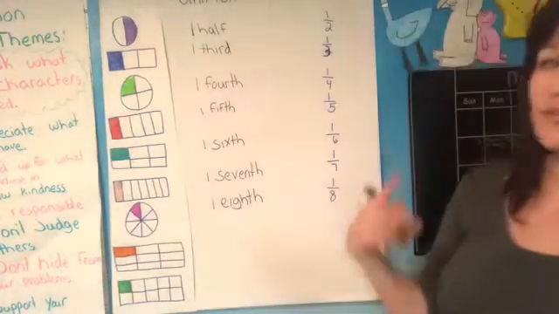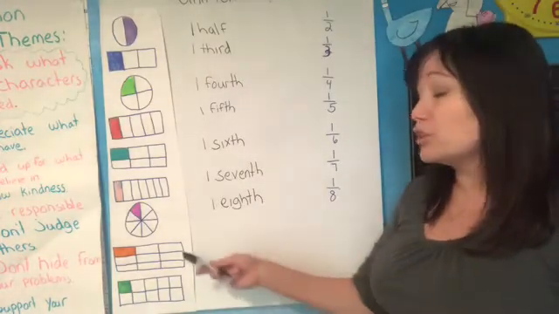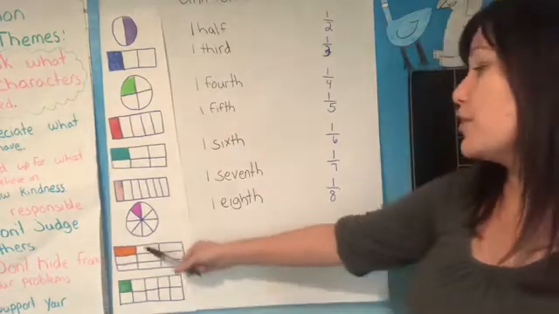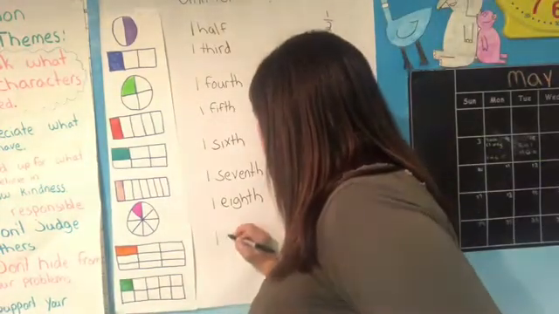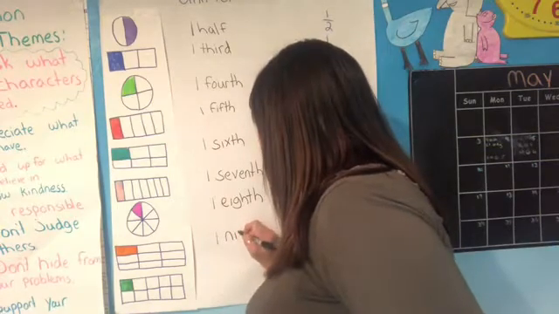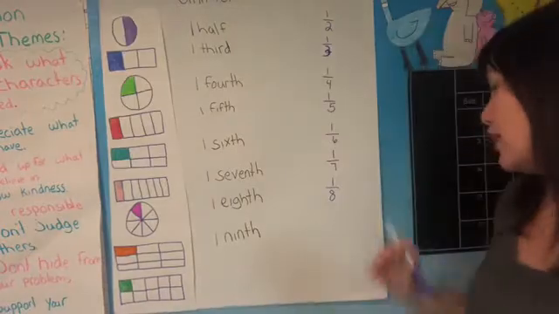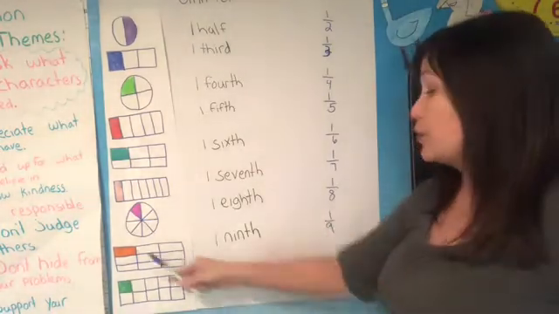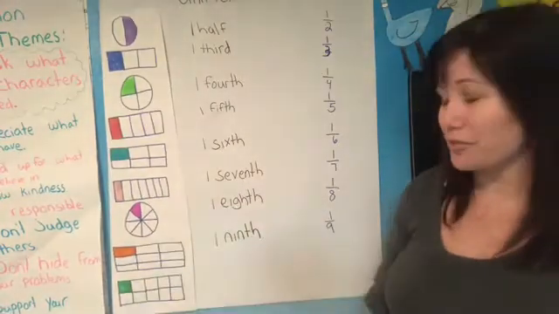See, our use of arrays, these visuals that we use just keep coming back. So there are 9 parts, so we call this 1/9. And we write that in fraction form as 1/9. 9 parts total, 1 part shaded. That's what we're looking for today.